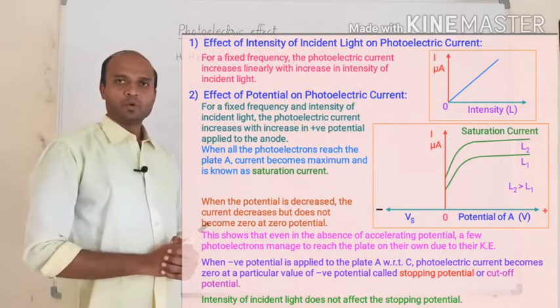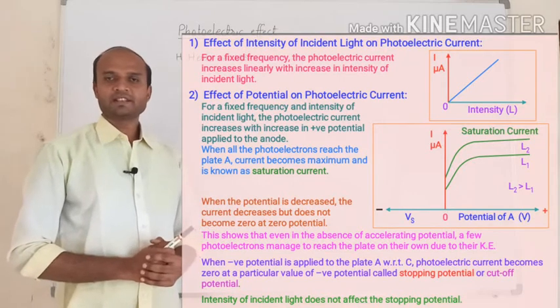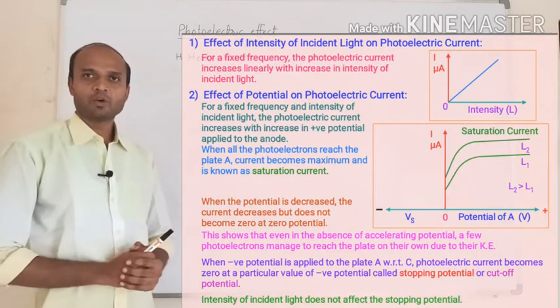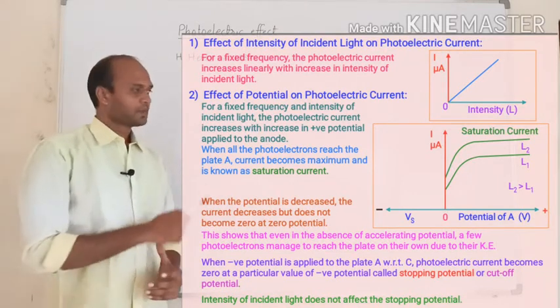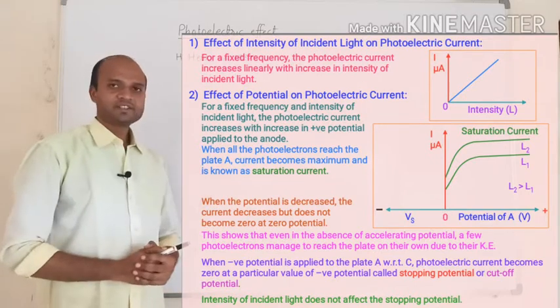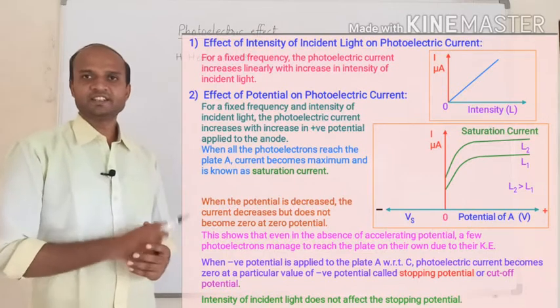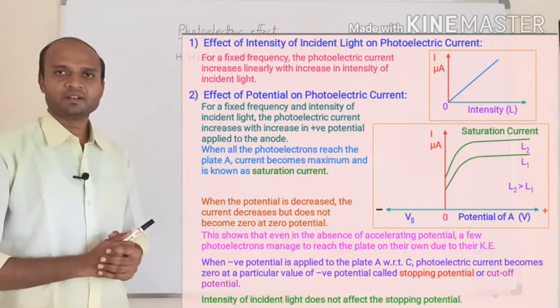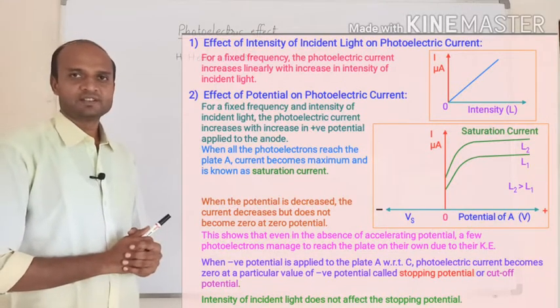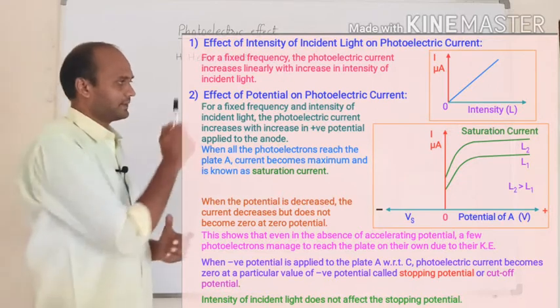So initially the voltage is 0, and the photocurrent is either 0 or non-zero. With an increase in voltage or potential difference, the current increases and then becomes constant, that is the saturation current.